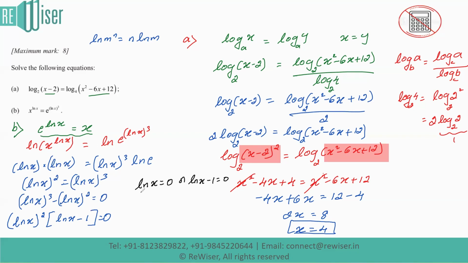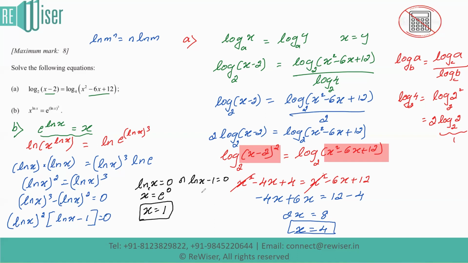Whenever we have ln x equals to 0, and if I want to make x the subject, x would be equals to e to the power of, so the base is going to be e. If there is no base for ln, it's going to be e. So when this ln goes to the other side, it becomes e to the power of whatever we have on the other side. It's going to be e power 0, which is just going to be 1.